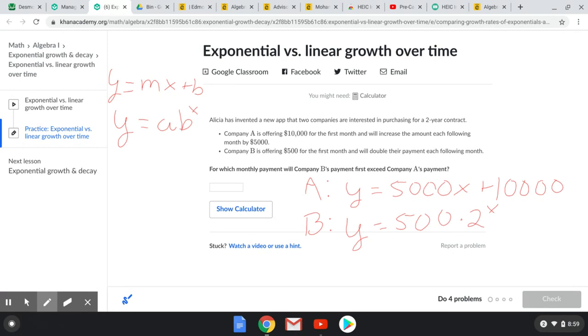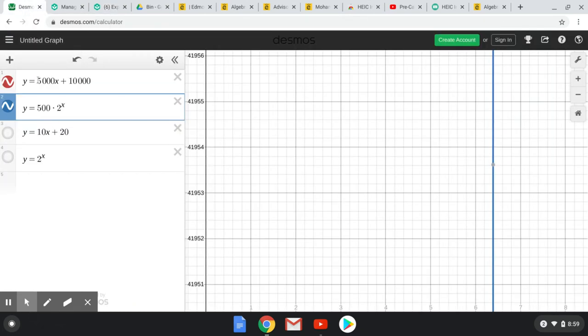So I'm going to be demonstrating this with the Desmos graphing calculator. Desmos.com is a good basic graphing calculator. I've already put in our two equations, okay?